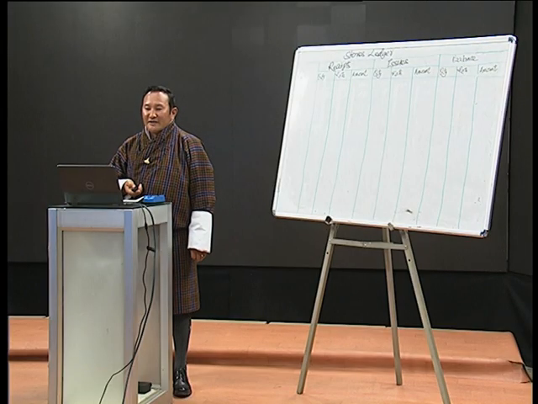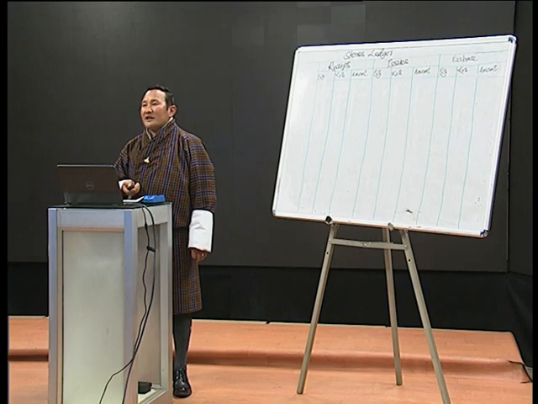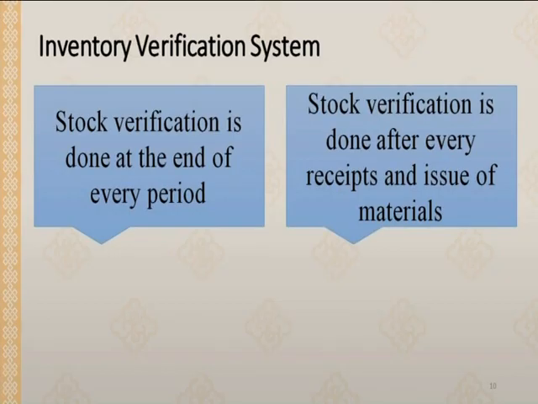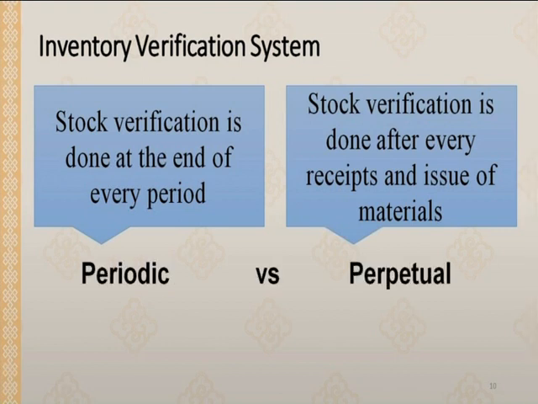Okay, next we have the inventory verification system. For inventory verification we have two, and they are periodic and perpetual. Under the periodic inventory system, stocks are verified only at the end of the period, which means under this method the stock verification is done by physical counting, weighing and so on.